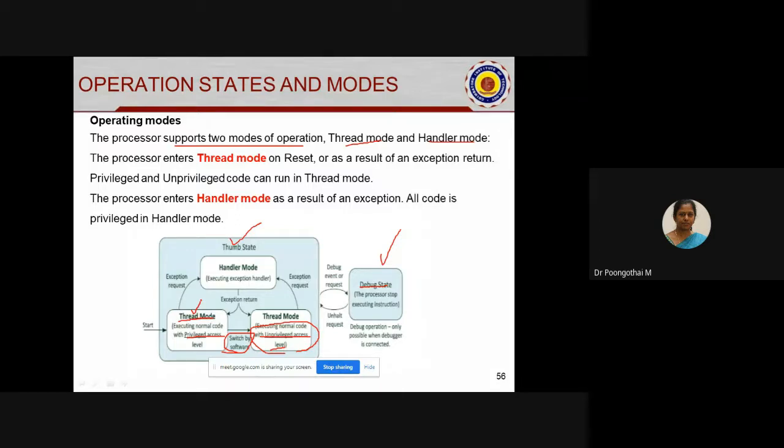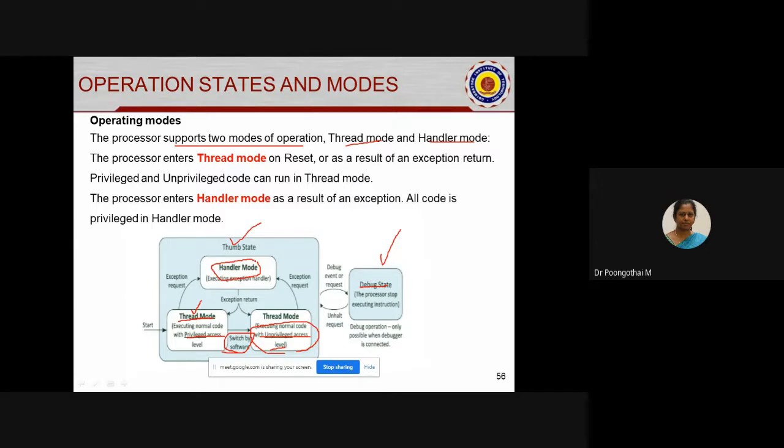All the exception handlers or interrupt handlers run under handler mode. When a peripheral requires the attention of the processor, it may reach the processor by raising an interrupt request.